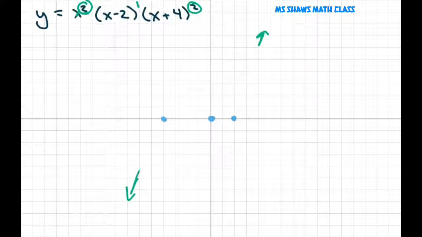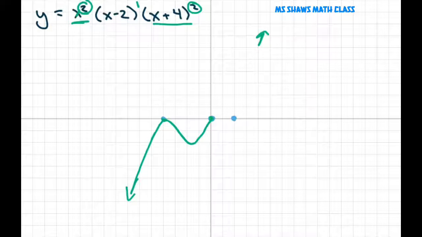So as we go up to negative 4, since that goes with this factor, we only can touch it. So then we come back down and go to 0. At 0, this is our 0 factor, that is also even, so it just touches it and comes back down.